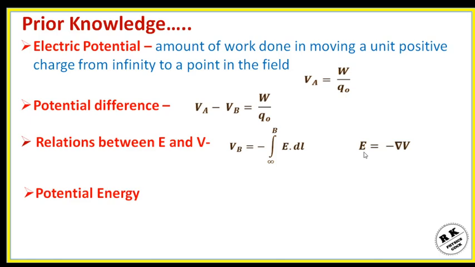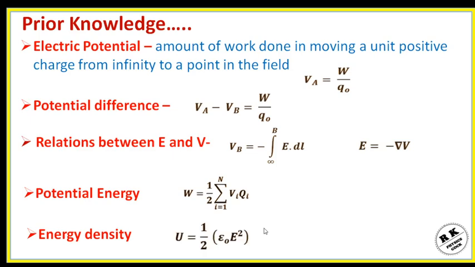Next one is potential energy. Potential energy of a system of charges is nothing but the amount of work done in assembling that system of charges. So W is equal to the potential energy PE. It is equal to half times summation over Vi Qi, where i goes from 1 to N. Next one is energy density.